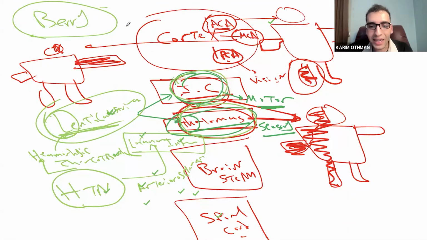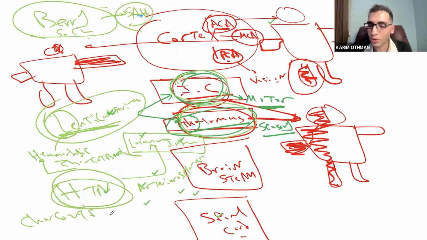A berry aneurysm will cause subarachnoid hemorrhage, which presents as a patient with the worst headache of my life. That would be a berry or saccular aneurysm. On the other hand, hypertension causes Charcot-Bouchard microaneurysm, which will cause a lenticulostriate artery problem and will cause problems in one half of the body.